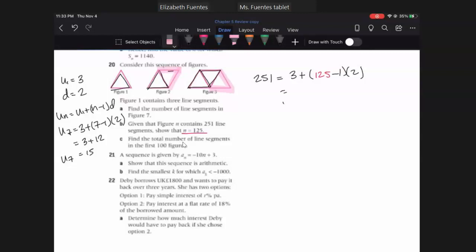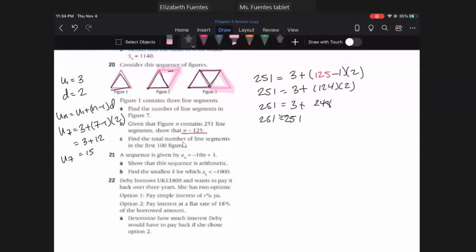So once again, you cannot use nsolve. You have to show it by hand that this is true. So 3 plus 125 minus 1 is 124 times 2. 124 times 2 is 248. 248 plus 3 is 251, which gives you a true statement.